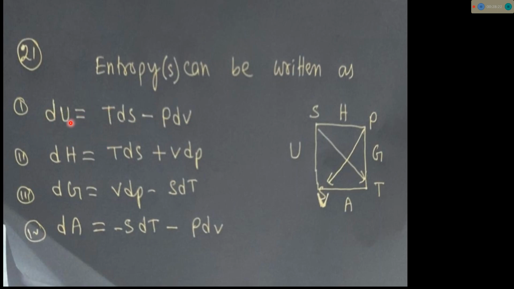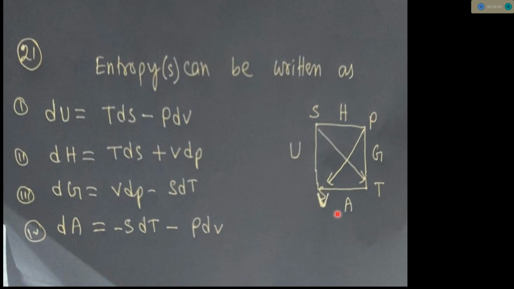So the answer is this. You all know from this rectangular box we can derive easily these thermodynamic equations: dU = TdS minus PdV, dH = TdS plus VdP, dG = VdP minus SdT, dA = minus SdT minus PdV.